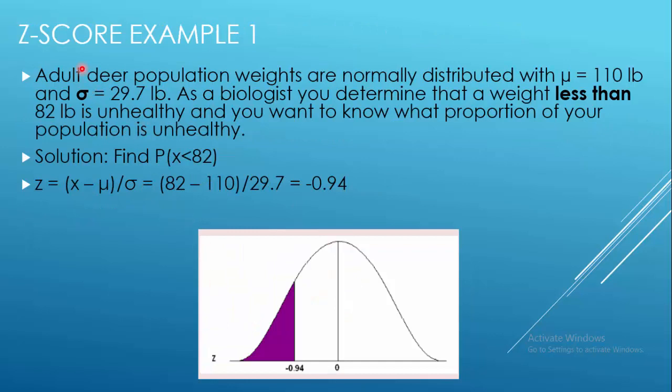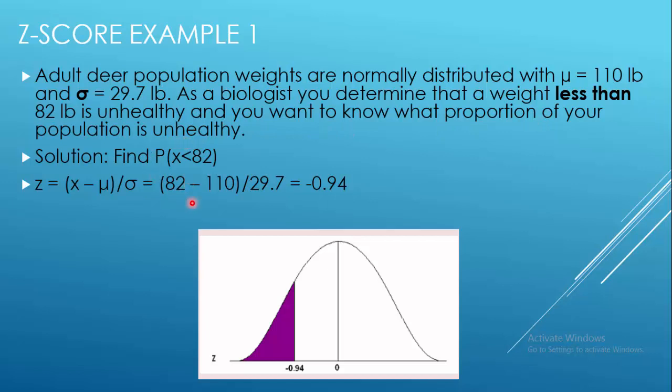Now let's have a look at an example. Adult deer population weights are normally distributed with mu equal to 110 pounds and sigma equal to 29.7 pounds. As a biologist, you determine that a weight less than 82 pounds is unhealthy, and you want to know what proportion of your population is unhealthy.